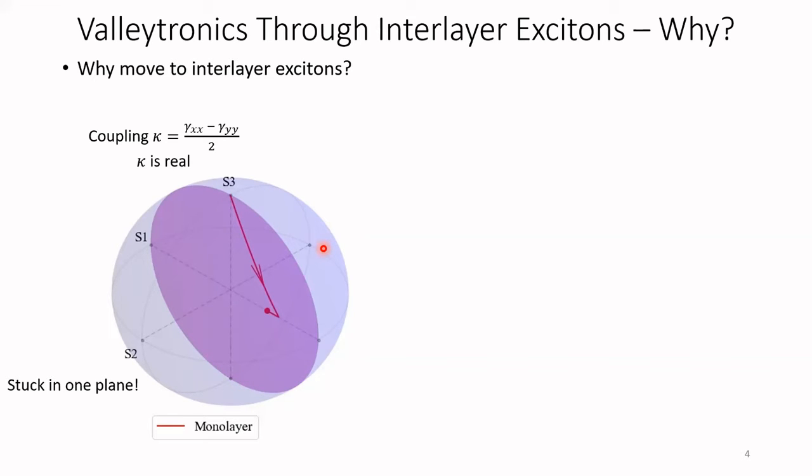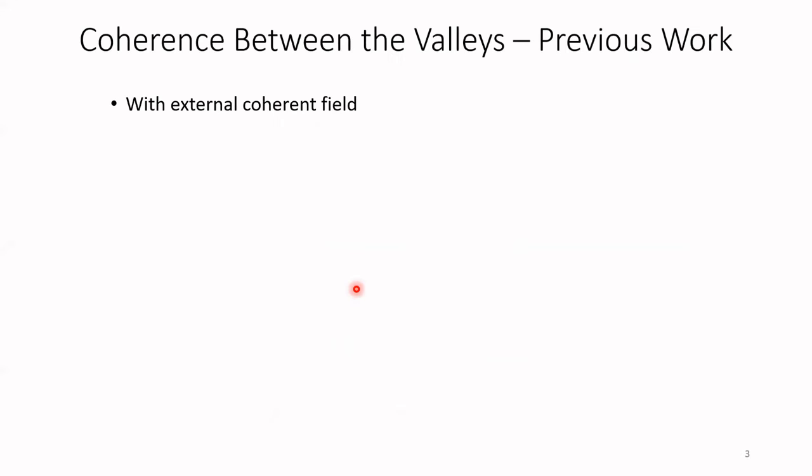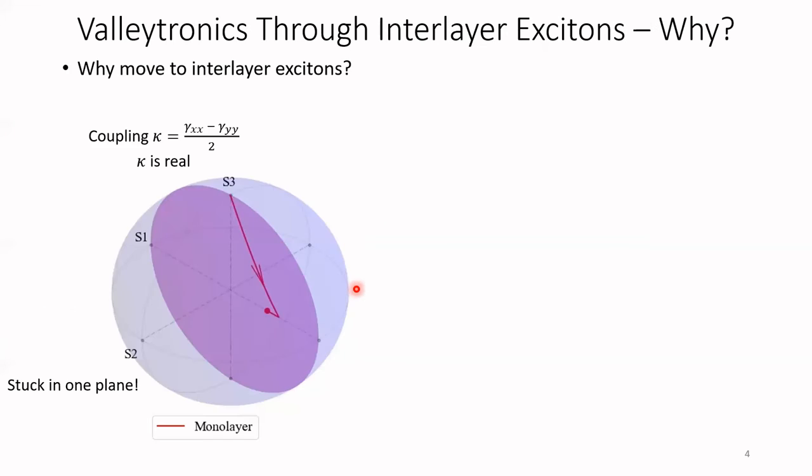And that isn't ideal for quantum information technologies. Secondly, it's very hard to scale this architecture up because you can't localize the exciton. If you recall, the excitons are in one valley, so they're in a local area in momentum space, and as a result they're spatially spread out over a few unit cells in real space, which makes it very hard to create an array of such excitons.